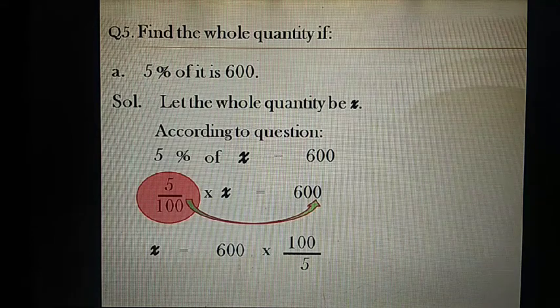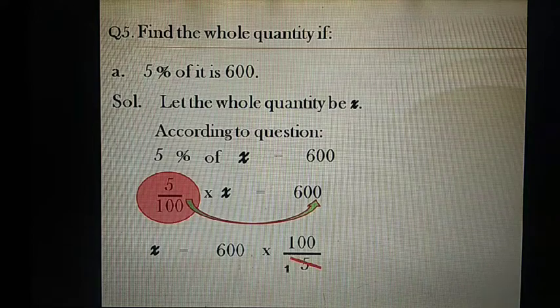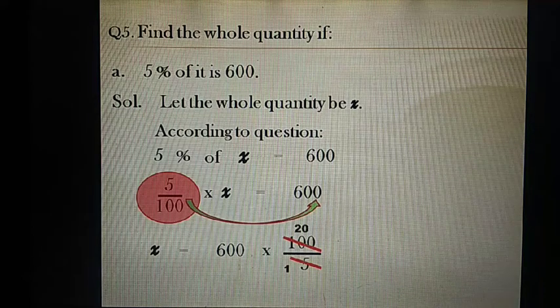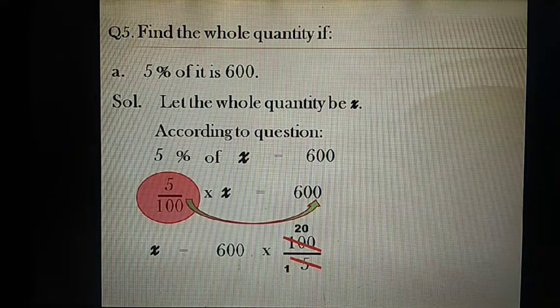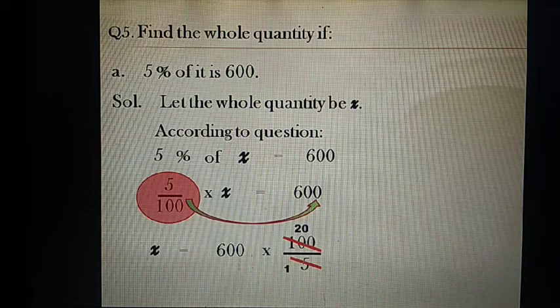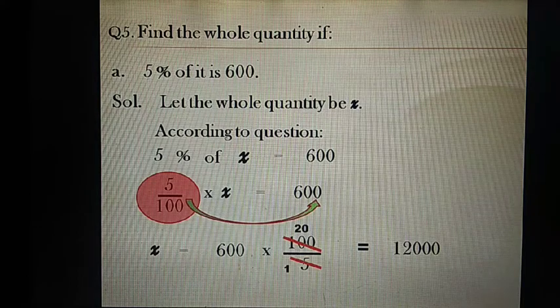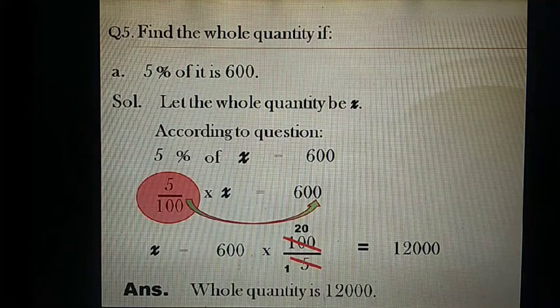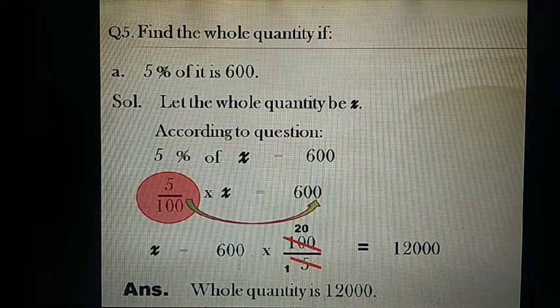Now start the cancellation. 5 ones are 5, 5 twenties are 100. Multiplying both the numbers 600 and 20 will give you 12,000. So you can write the final answer statement as whole quantity is 12,000.